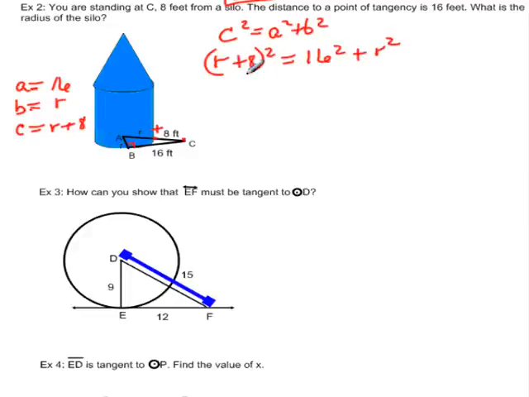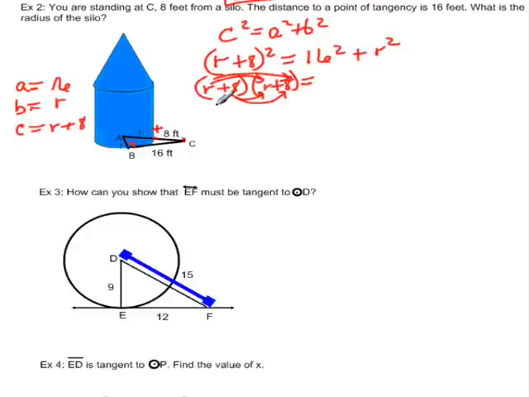This is a good problem because it reminds you of Algebra 1, when R plus 8 squared is the same thing as R plus 8 times R plus 8. We did R times R, R times 8, 8 times R, and 8 times 8. We did the full method, or the distributive property twice.